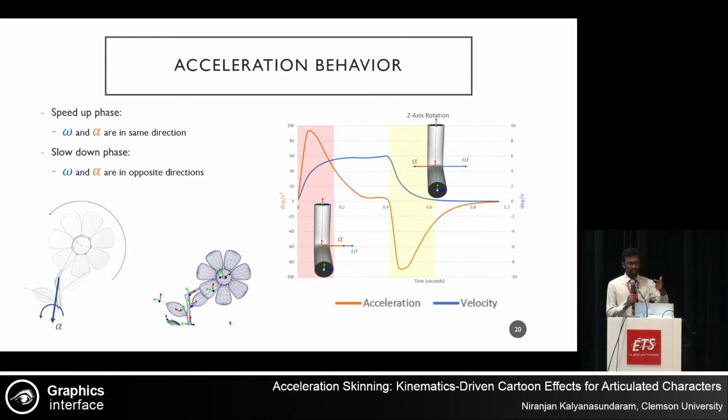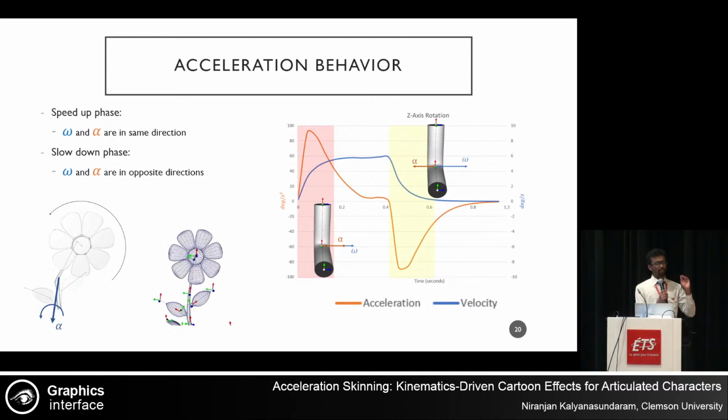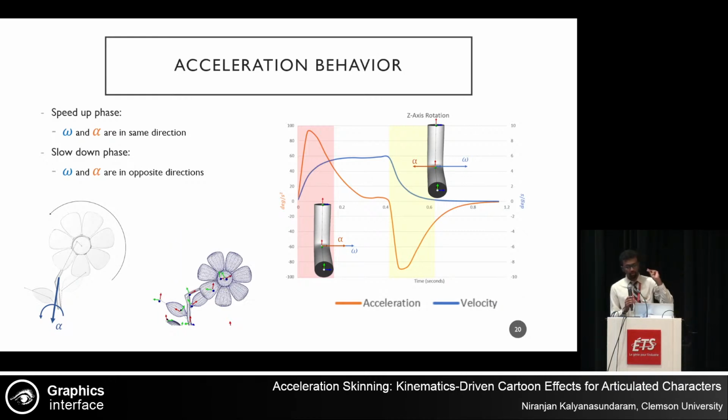So we have a deceleration value going on. And the hook here with this observation is that if you notice the direction of omega and alpha, when they speed up, both of these values are aligned, they're in the same direction. And when the flower is slowing down, they're in opposite directions. And this gives us an approach or a hook that we can use to define our own interesting deformers.